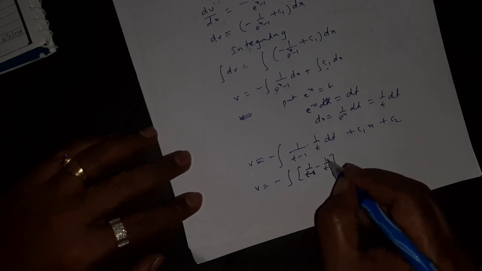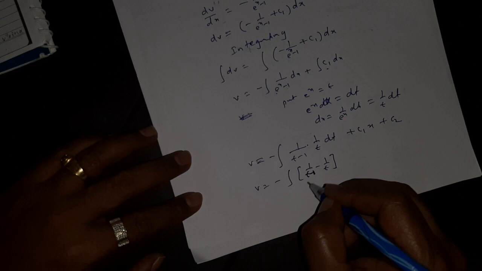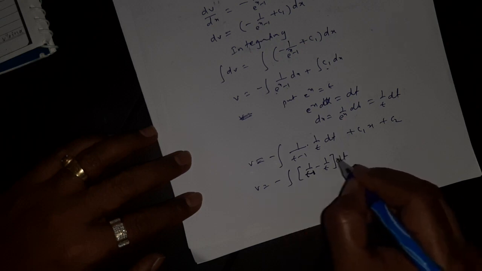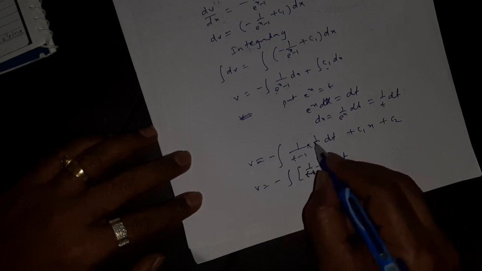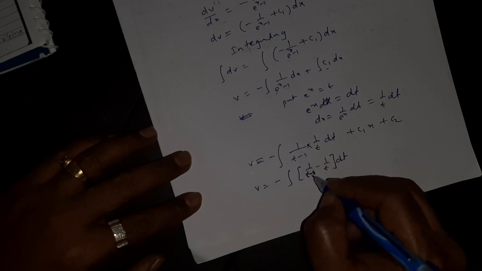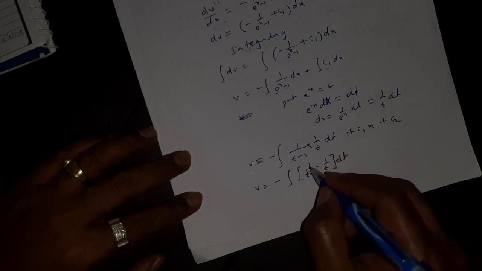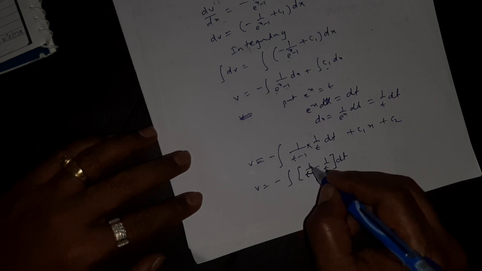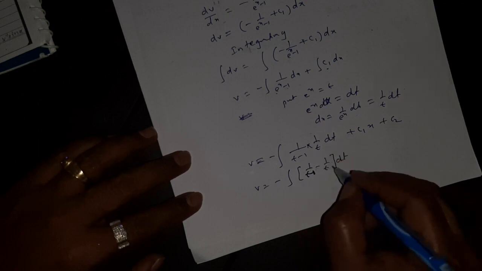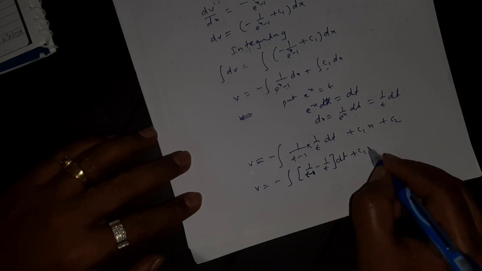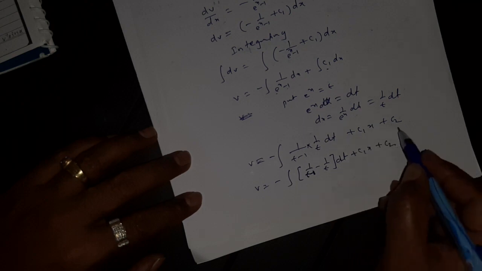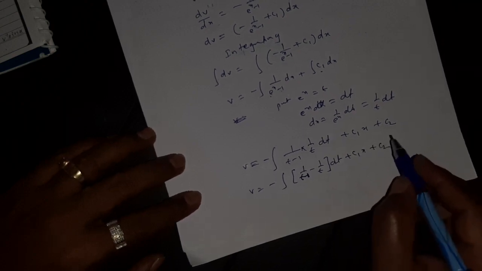So write this as a by t minus 1 plus b by t, and then we find the value of a. a becomes 1 and b becomes minus 1. This is integration by partial fractions. c1x plus c2. What is this c2? It is another constant.